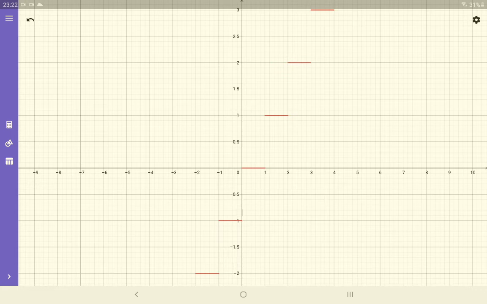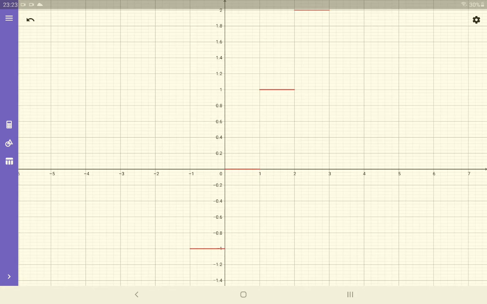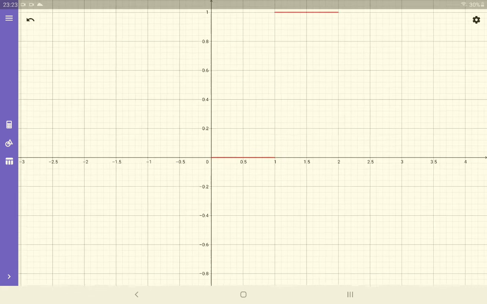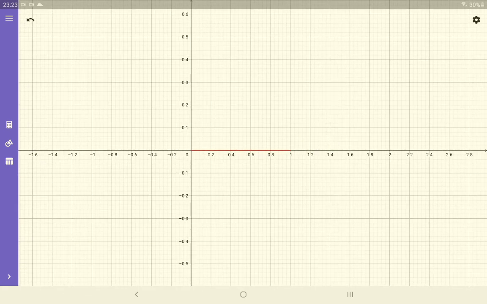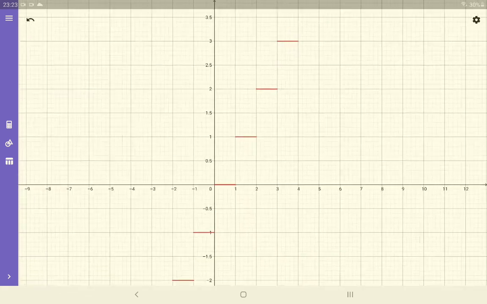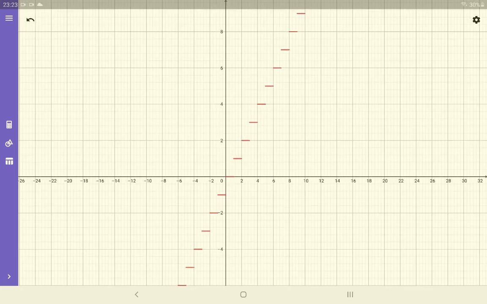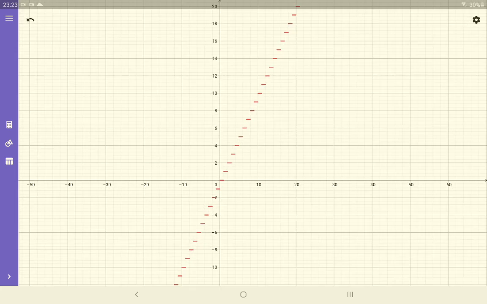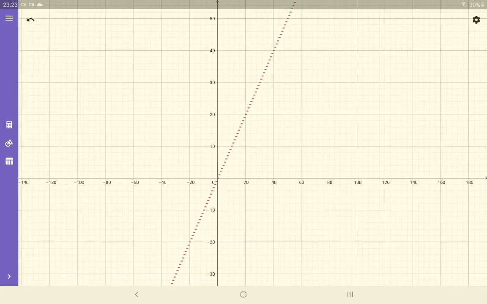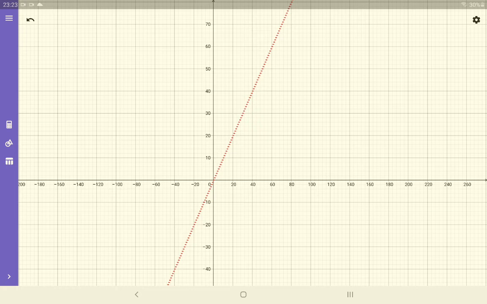If you have any decimal number, you have to take the nearby whole number for that particular number. Suppose you have the number 0.5, then you have to plot 1 or 0 for this value. Okay, this is your greatest integer function.